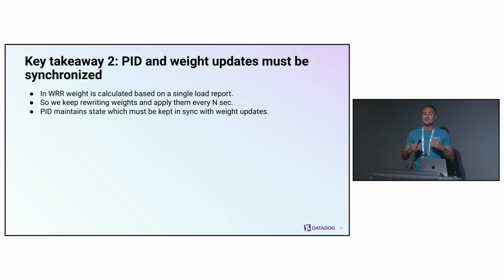It doesn't maintain any state. PID does maintain state. And if we do something like this, PID updates and WRR weight updates can get unsynchronized. I didn't mention that WRR also has a background process that applies weights once in a while by default. And if we do this, then we can get unsynchronization, which is something we want to avoid.